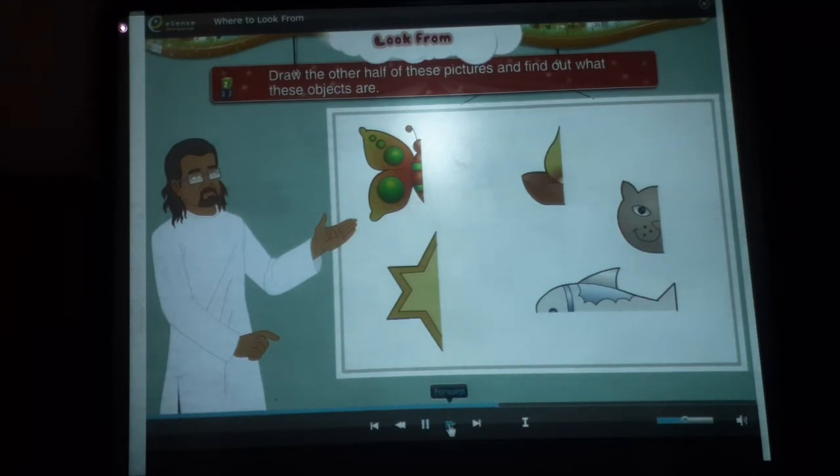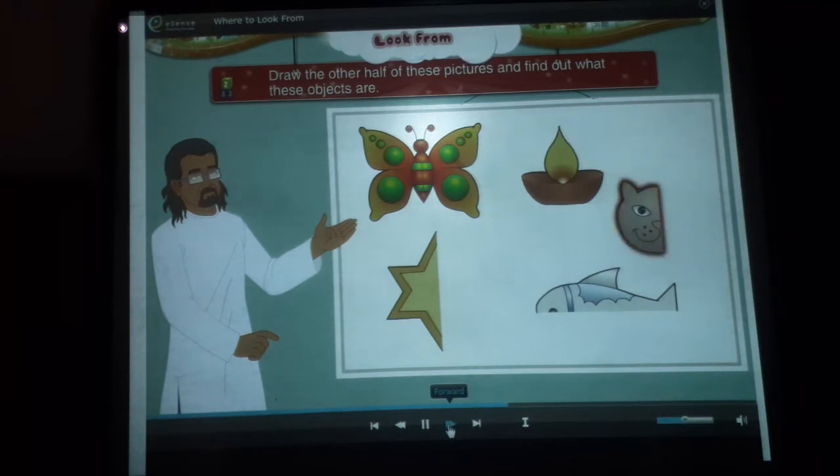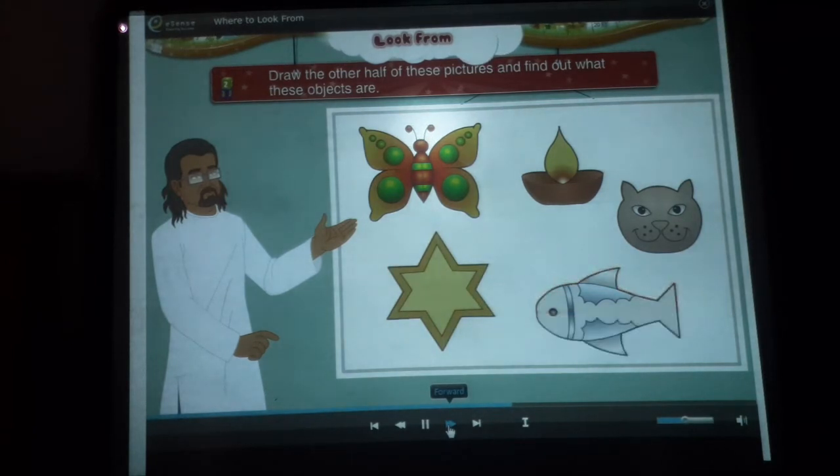Look at the pictures obtained by completing the drawings. When the third picture is completed, a picture of a cat is made. The fourth picture is that of a star, and the fifth picture formed is that of a fish.